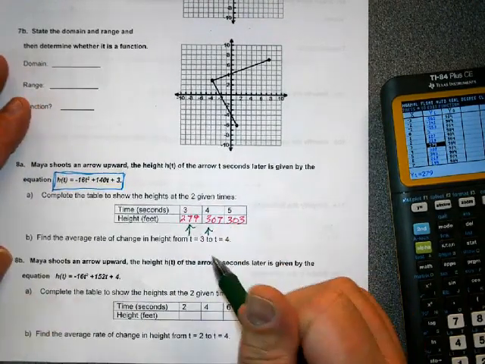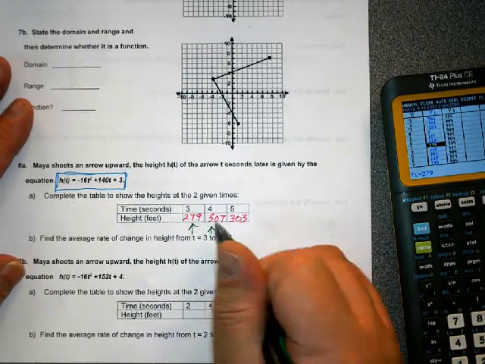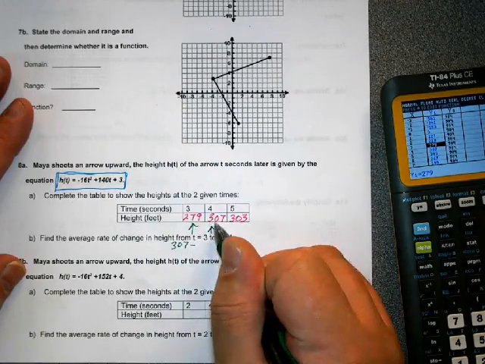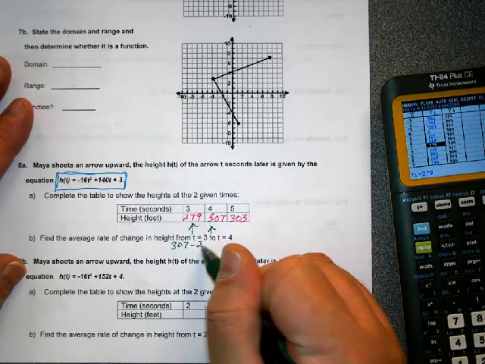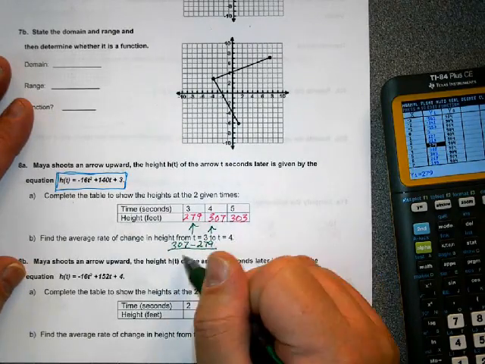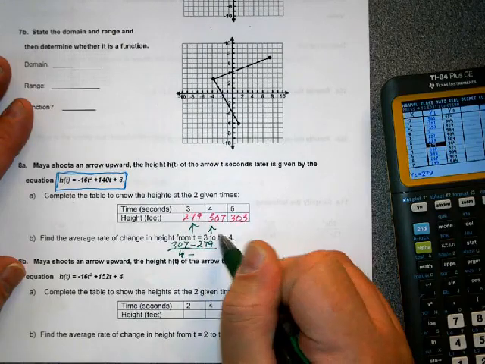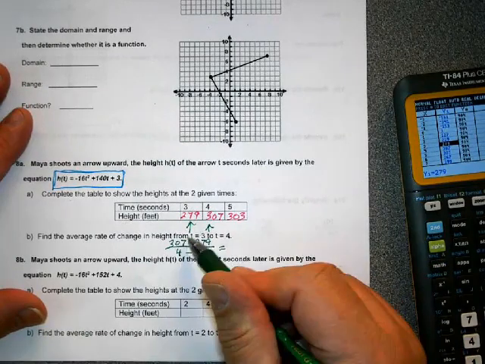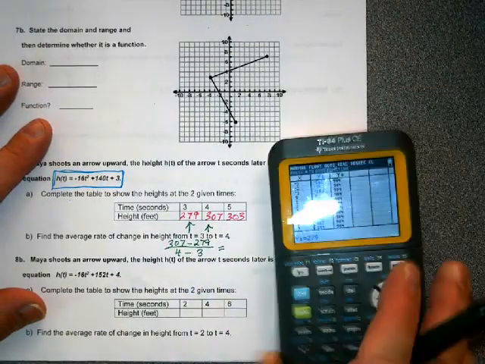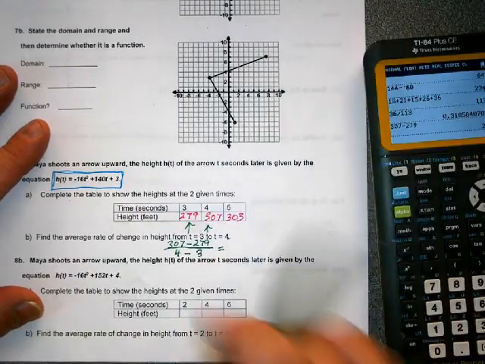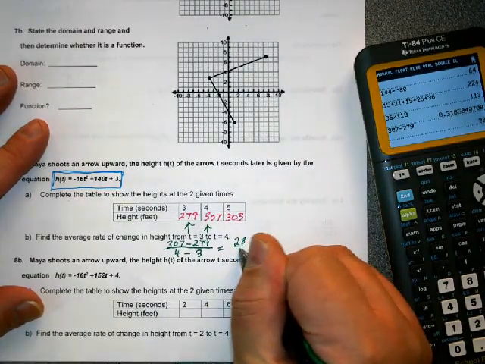So my 307 minus my y1, which is 279, over my x2, which is 4, minus my x1, which is 3. 307 minus 279 is 28, over 1, which equals 28 feet per second.